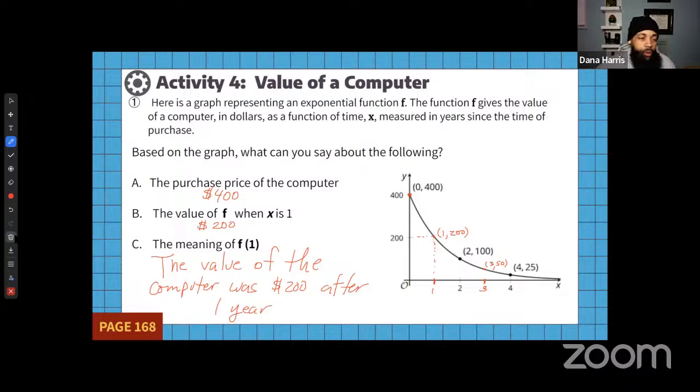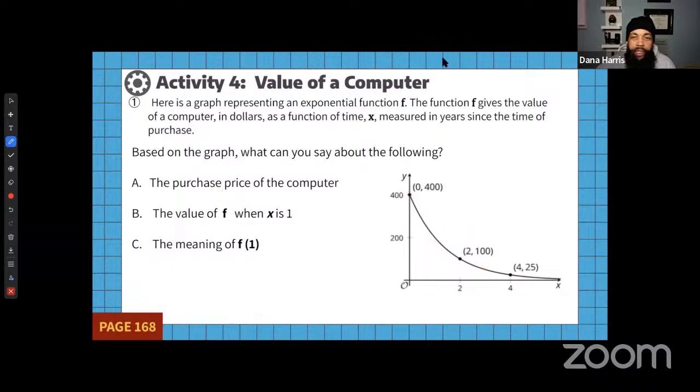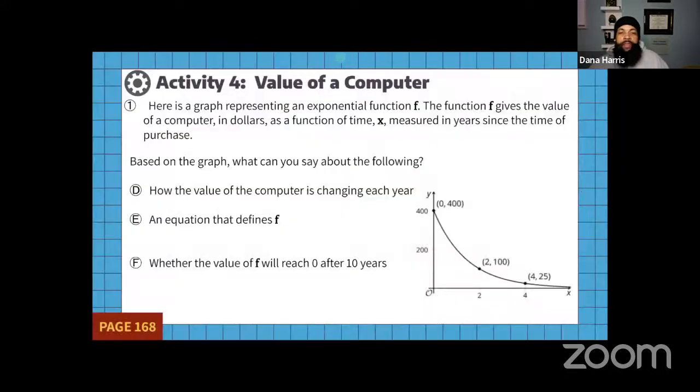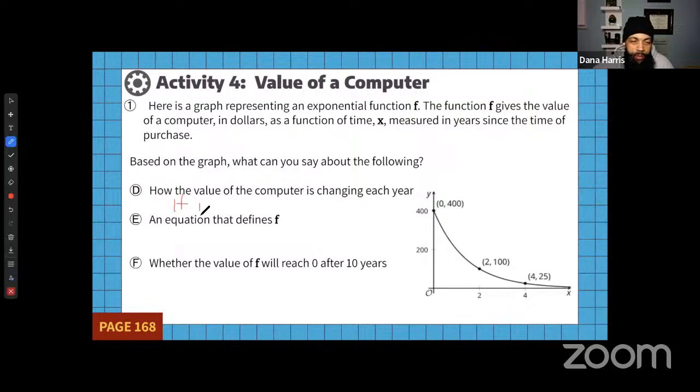Now we're going to clear this out and we're going to answer some other questions because we need to know something else. So here we're going to have to come up with an equation for this. It says how the value of the computer is changing each year. So it is decreasing by 1/2. Now, right now we have not calculated that, but we will.